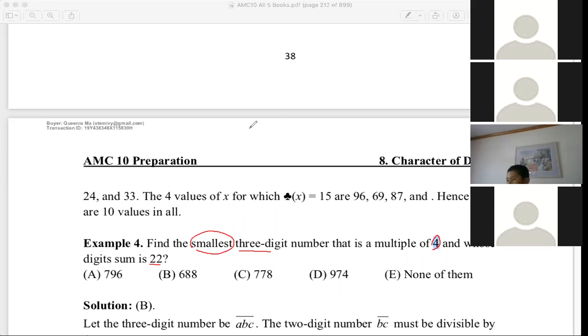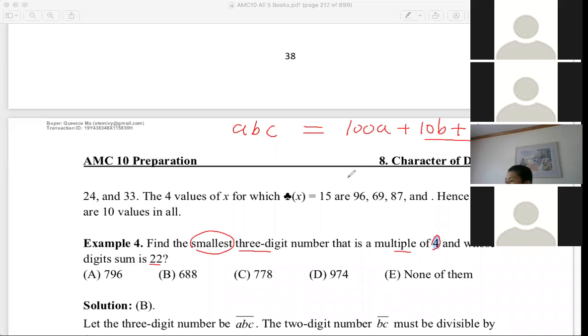Suppose this 3-digit number is ABC. So we can write this number as 100 times A plus 10 times B plus C, right? They said this number is a multiple of 4. So that means 10B plus C is divisible by 4, which means 10B plus C should be an even number, right?